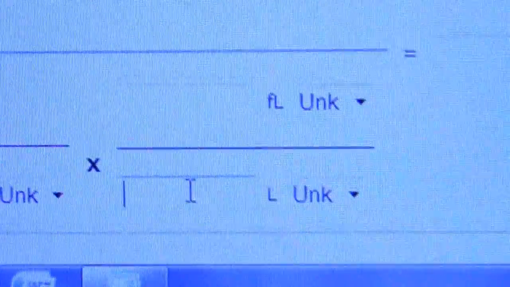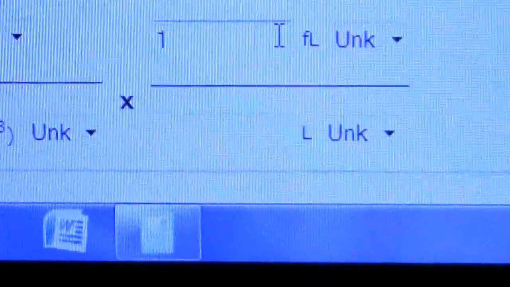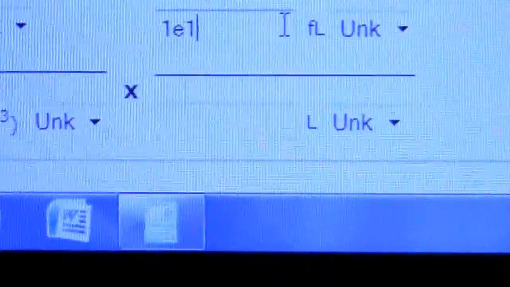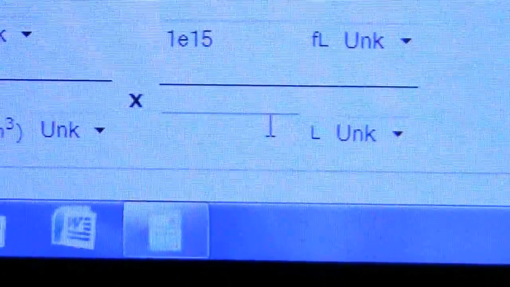Then here we have femtoliters to liters. How many femtoliters in a liter? Well, femto is 10 to the minus 15th, so that would be 1 times 10 to the 15th femtoliters in 1 liter.